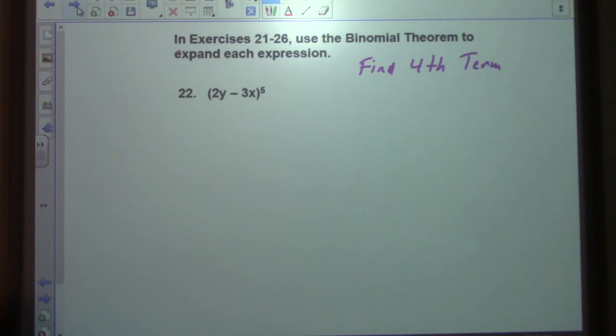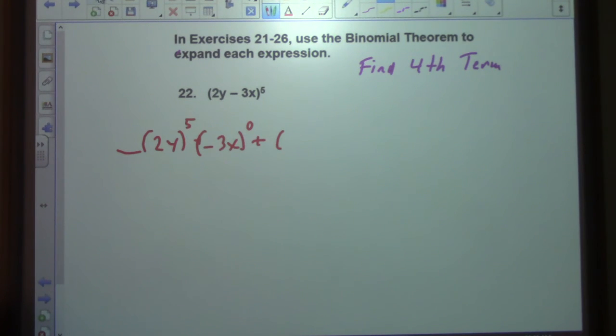So basically, the fourth term means that we're going to have something times 2y to the fifth power, and then we're also going to have negative 3x to the 0 power, plus.